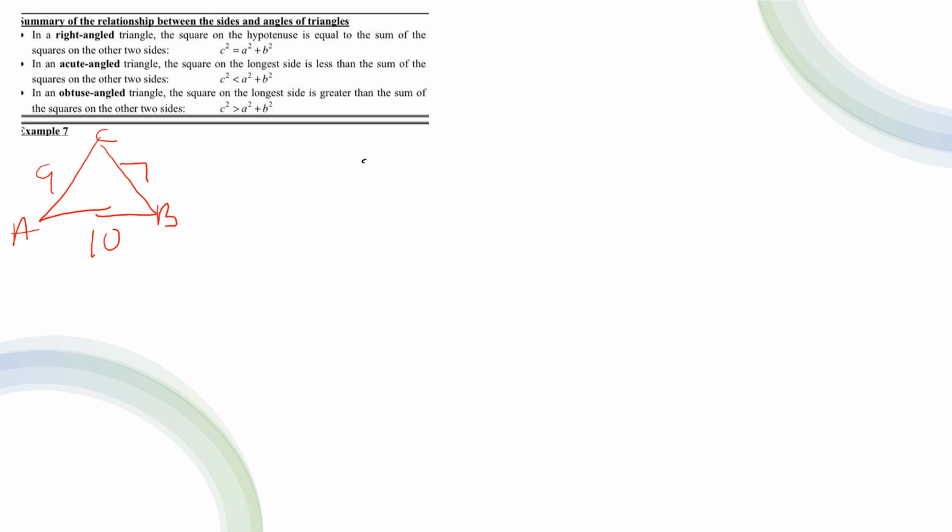Now, if it's an acute angle, then the longest side squared will be less than the sum of the squares of the two shortest sides. If it is an obtuse angle, then the longest side will be greater than the sum of the two shortest sides.